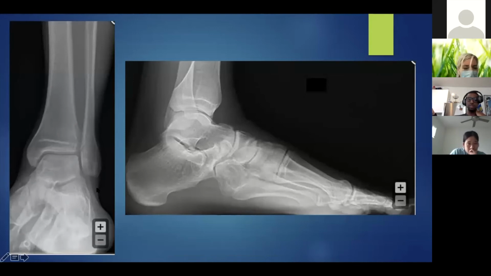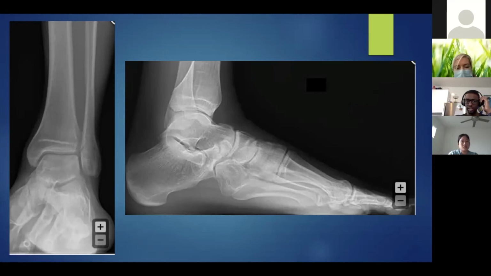Yeah. So what do you think of the ankle joint itself? The ankle joint looks fairly congruent to me. Yeah. Agreed. I don't see any acute fractures. I don't see any obvious widening or instability. There's good overlap. What about the lateral x-ray?